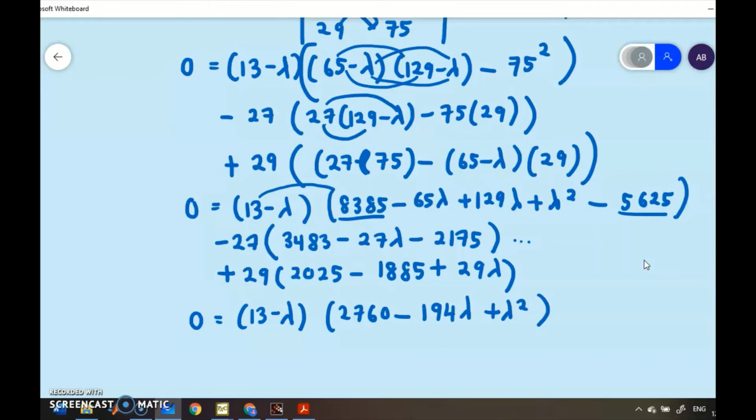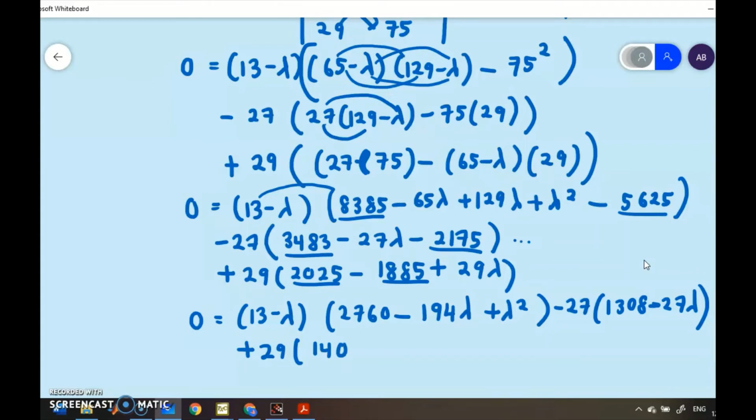And we have minus 27 times 1308 minus 27 lambda. And then plus 2025 minus 1885, I have 140 plus 29 lambda. Okay, almost there.